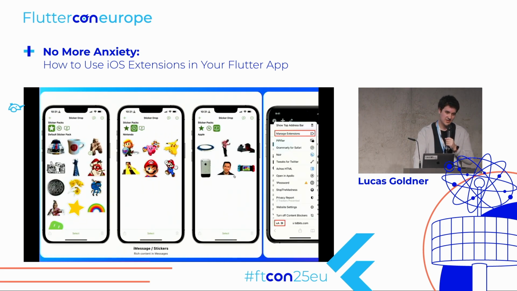Then, I mean, we're here in Europe. Most of us probably don't use iMessage, but for the Americans here, there's an iMessage extension and an iMessage stickers extension. The stickers one just adds a sticker pack, but the iMessage extension is pretty rich.